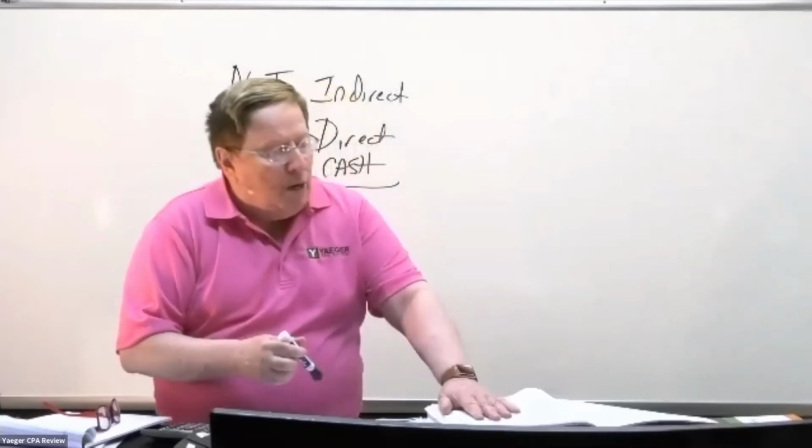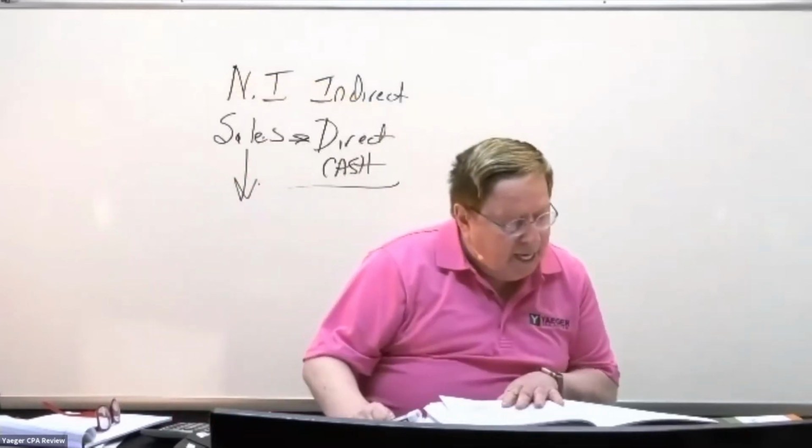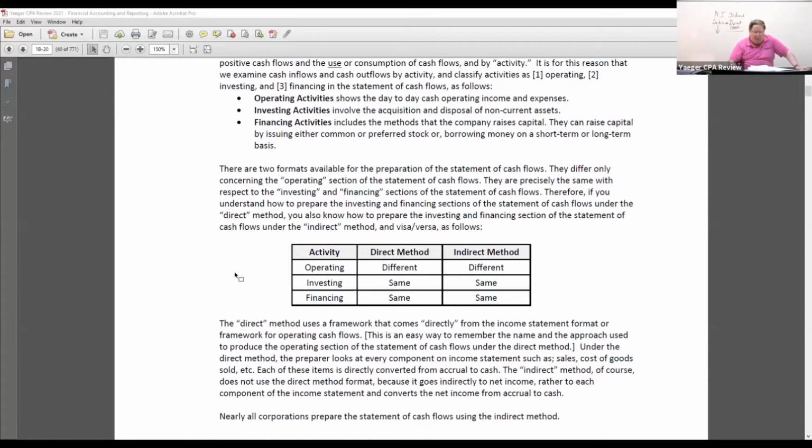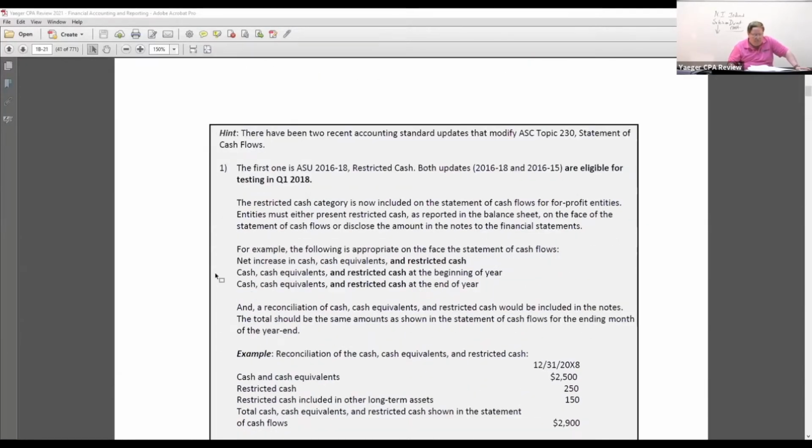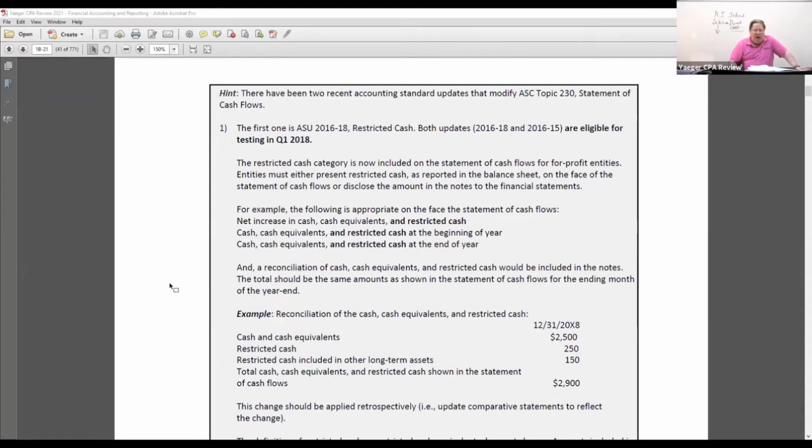Now, the next thing I want to show you is on the top of page 1B21. We used to say that we're doing the statement of cash flow to show what causes the change in the beginning cash and cash equivalents to the ending balance of cash and cash equivalents.